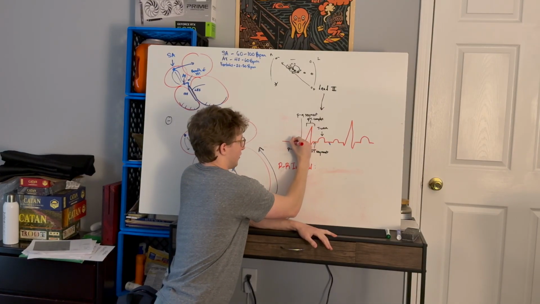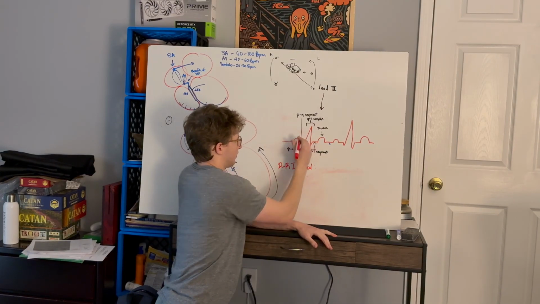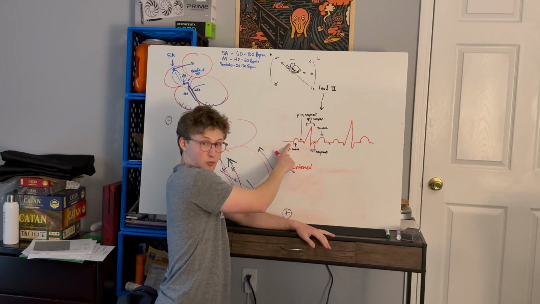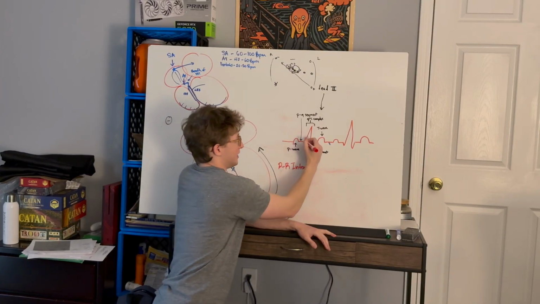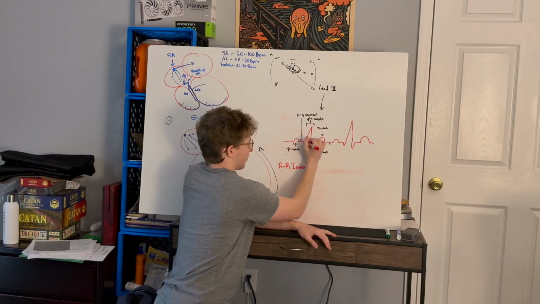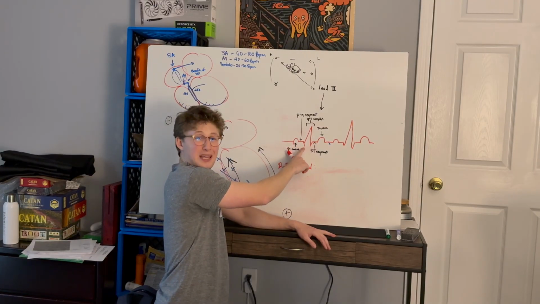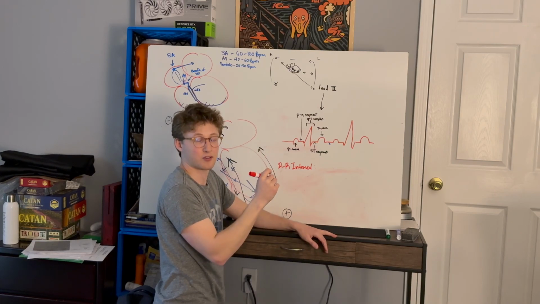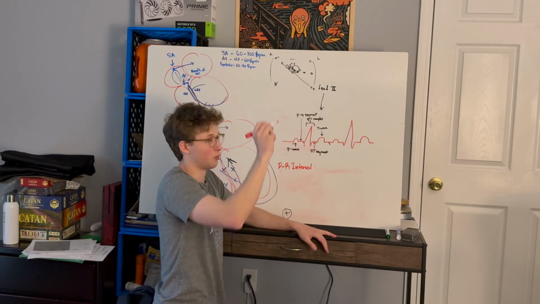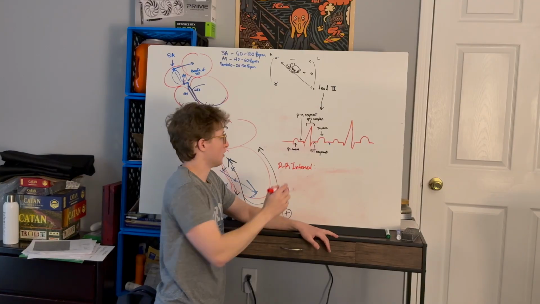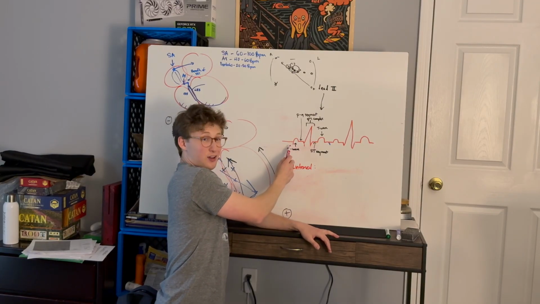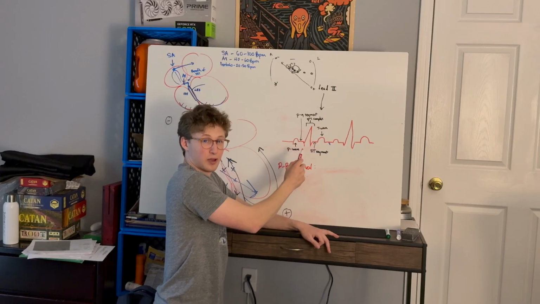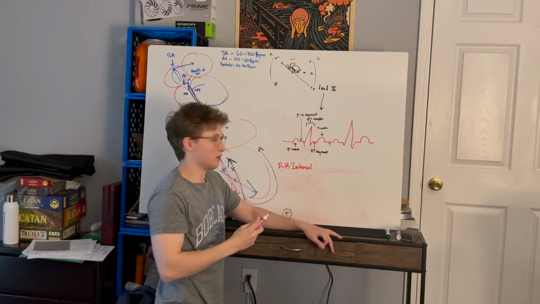PR interval starts here at the start of the P wave and begins right here at the beginning of the R wave of the QRS complex. The R wave is just the big upward deflection. So beginning of P wave to beginning of R wave is PR interval.